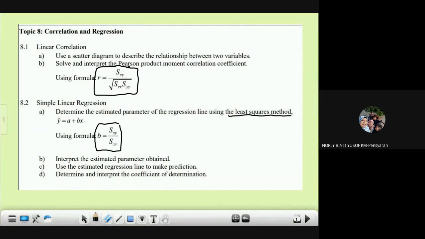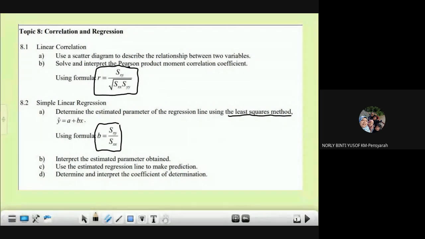Maksudnya tulis dalam bentuk conclusion lah. Wajib tulis ayat tu untuk dapat markah. Dan penulisan ayat tu kena ingat lah, cuma tukar dia punya nilai r and percentage. Itu pun nanti kita akan guide how to interpret in terms of estimated parameter obtained. Tak boleh tak tulis estimated parameter tu dalam bentuk wording. Kalau tak tulis tak adalah markah kat situ kan.